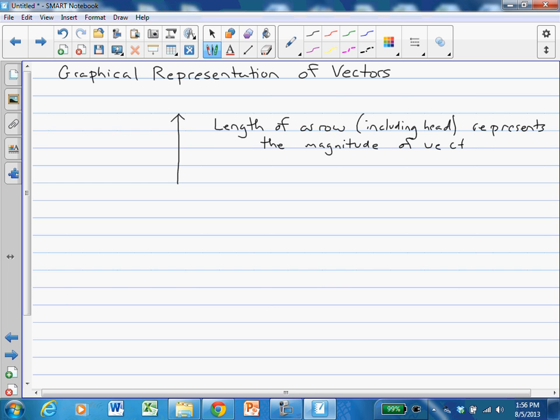The direction it points represents its direction. The way the arrow points represents the direction of the vector.